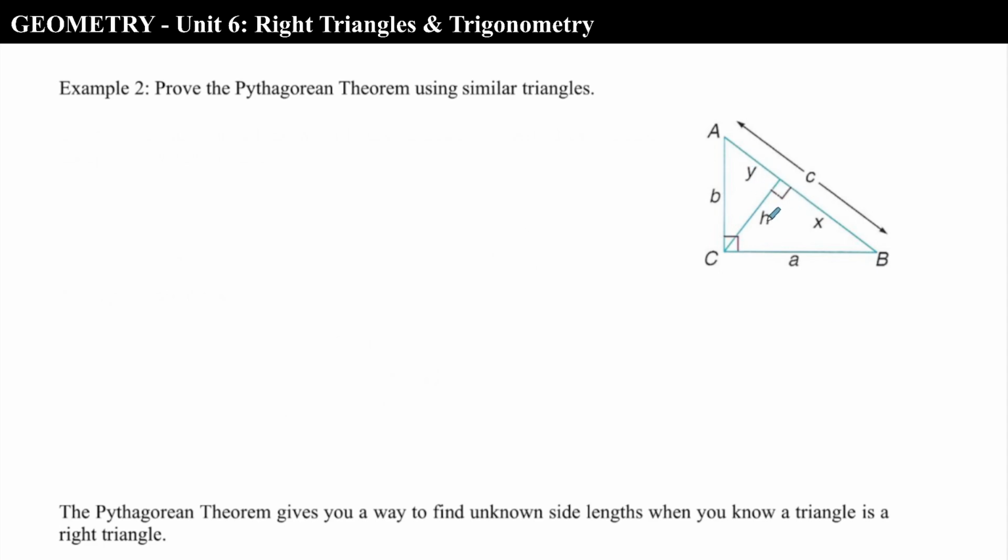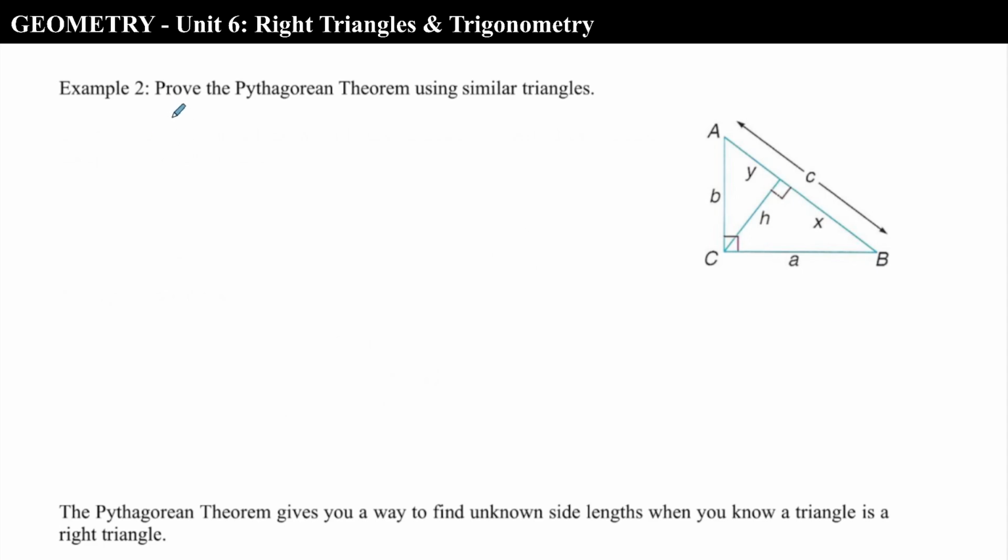And similarity is something that we just finished talking about in the last unit. So if we know that this medium-sized triangle and this little triangle on the inside of our big triangle are all similar, then we can figure out some relationships.